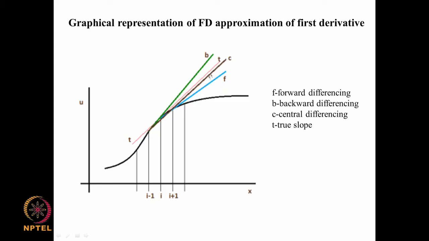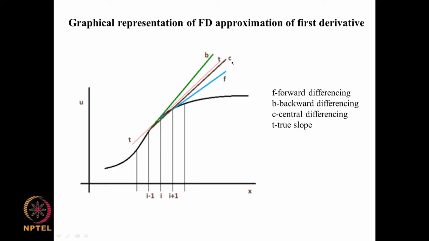differencing line here is much closer to the value of the true slope. So it is almost parallel to this, which means it is accurate, whereas both F and B, the forward and backward, are at a different angle compared to the true slope. So that indicates a sense of more error with forward and backward differencing schemes as compared to central differencing.